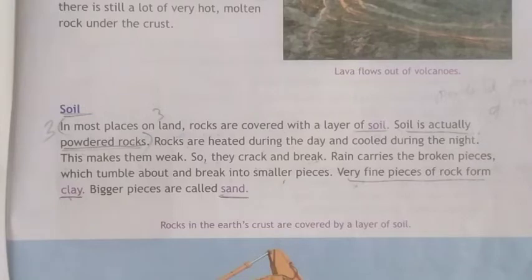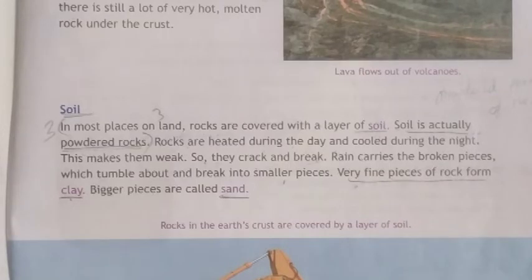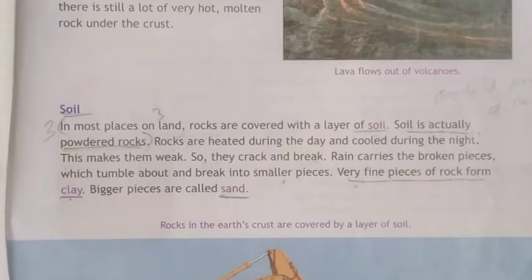In most places on land, rocks are covered with a layer of soil. Soils are actually powdered rocks. Powdered form of rock is called soil.